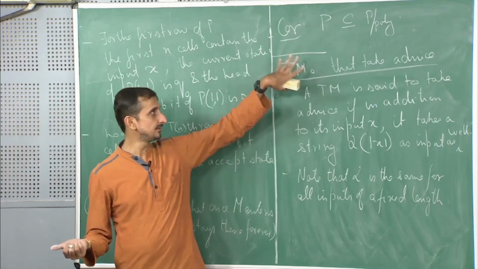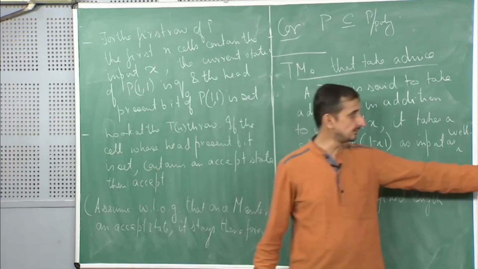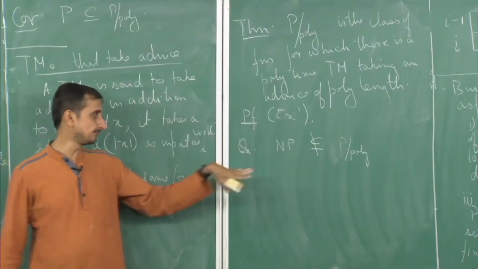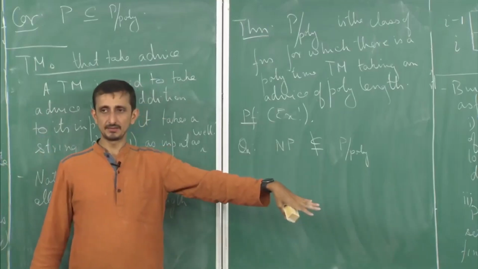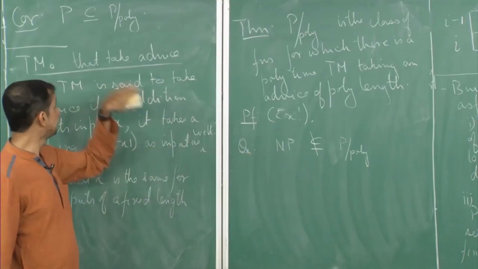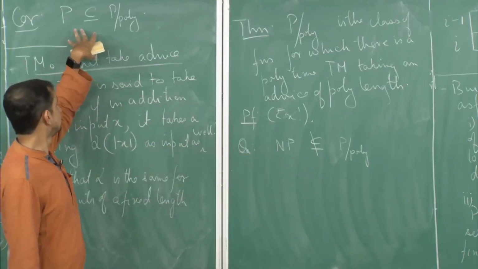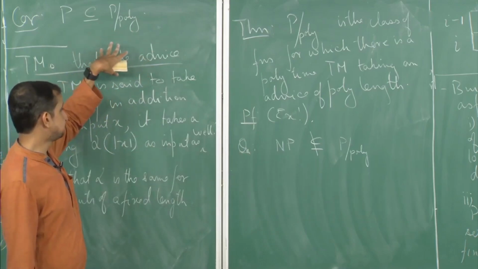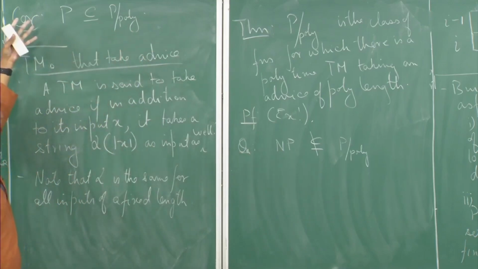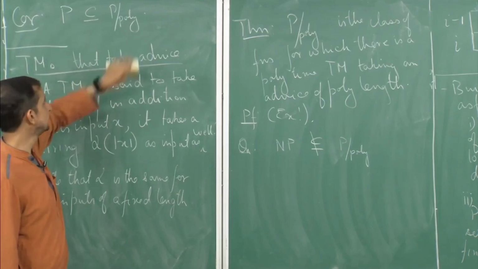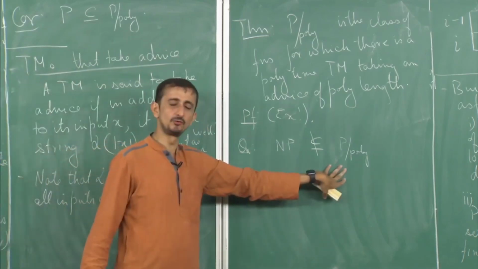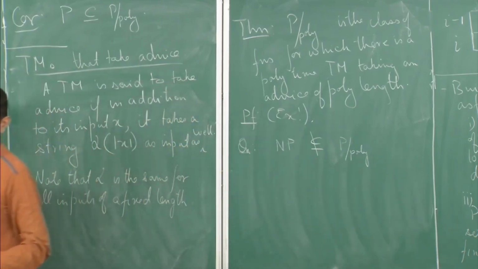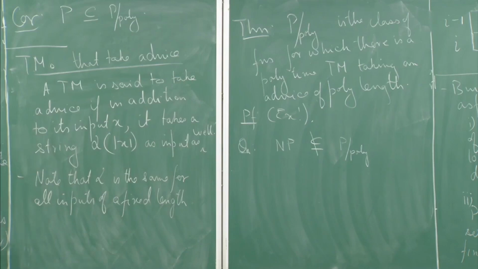We know that every problem in P has polynomial size circuit, but can we refute that for NP? Because P is a subclass of P/poly, if we are able to prove this, it would be one way of showing that P is not equal to NP.